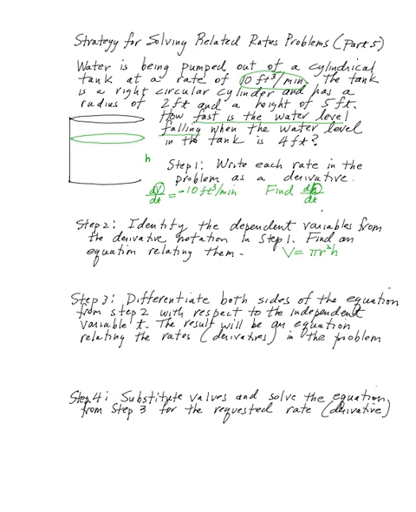We'll investigate that a little further in a minute. Step 3. Differentiate both sides of the equation from step 2 with respect to the independent variable, time. So I just take my equation V equals pi r squared H, and I differentiate both sides with respect to time.